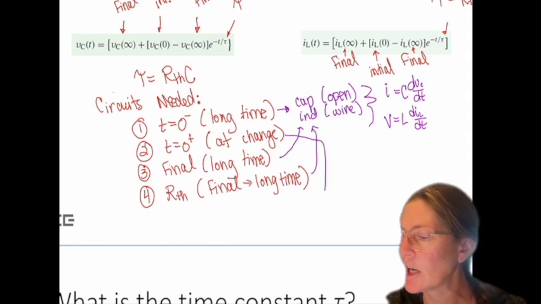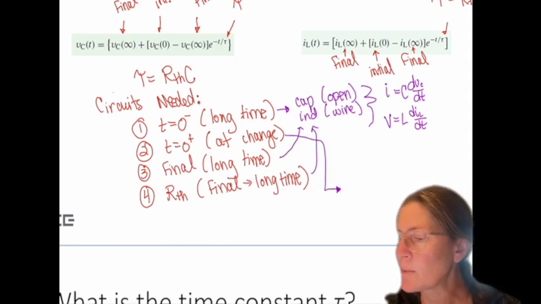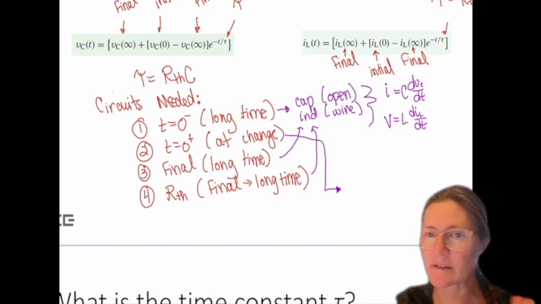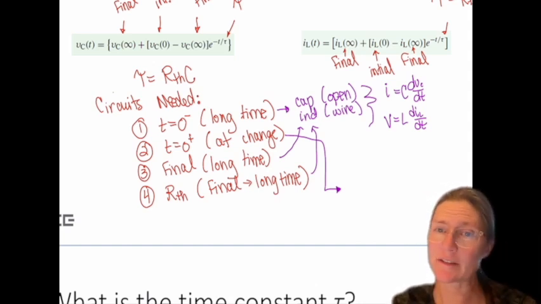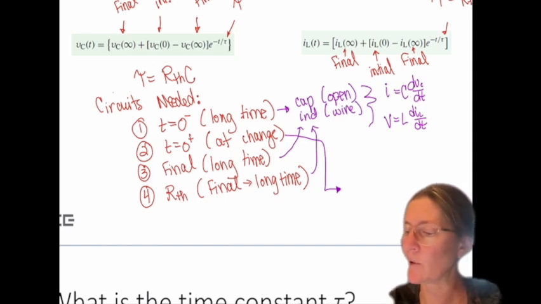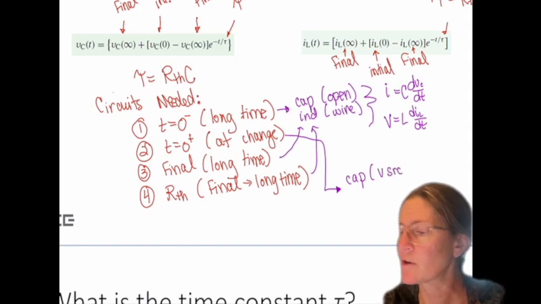For a change, remember, because it cannot change instantaneously, the voltage will stay the same for the capacitor, and so a capacitor is going to be modeled by a voltage source, and it is going to equal the value that it had at t equals 0 minus.